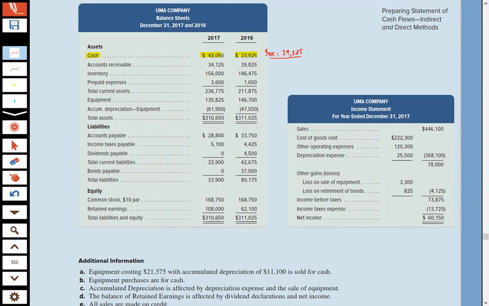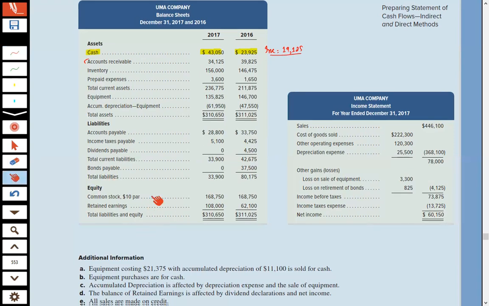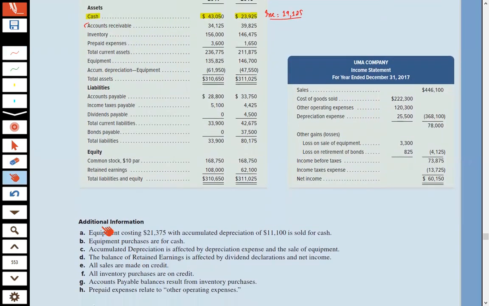Now preparing a statement of cash flows from the direct method. We will first make the accounts receivable T account to know the amount collected from the customers. So the accounts receivable T account will be reflected in this way.